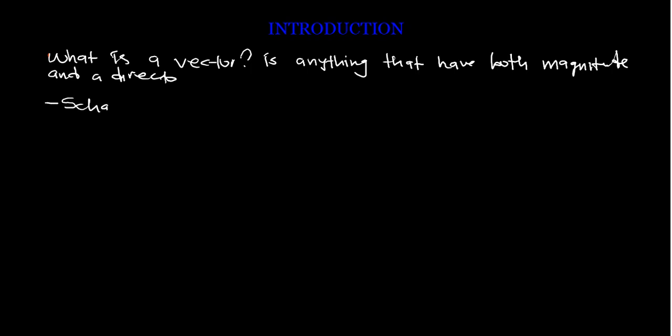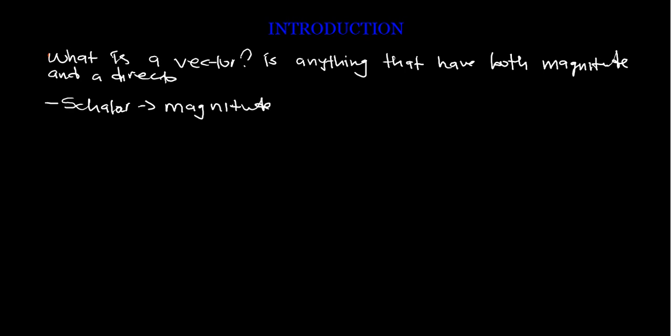For a scalar, this one doesn't have a direction, it has only a magnitude. So it's just a magnitude, let's say 20 quarts, or let's say just the number 10, that's just a magnitude. So we are interested in vectors. A vector is anything that has both magnitude and direction.